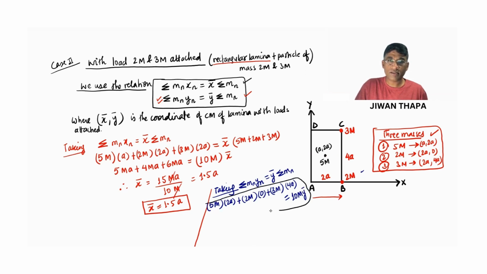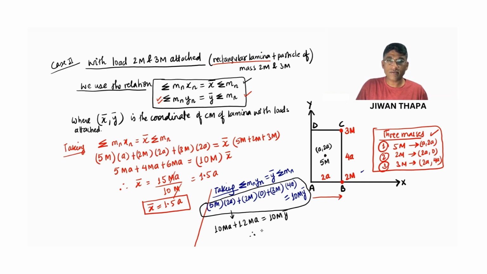Now let us simplify this expression. We have 10ma plus 12ma equals 10m y bar.